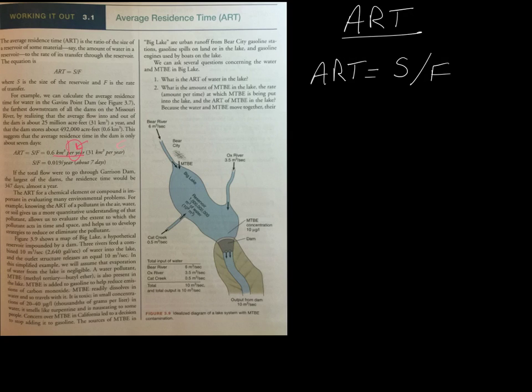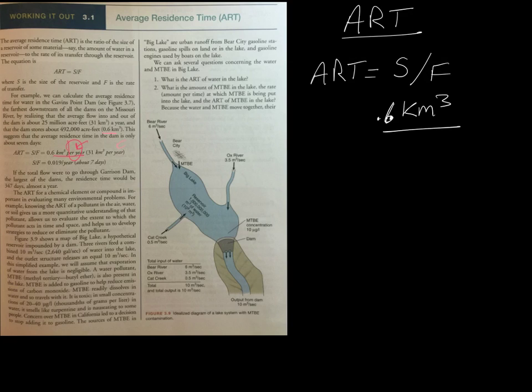So if we take a look at the size of that reservoir, it's here. It's 0.6 kilometers cubed, which is an amazing number to me. So about a half a kilometer in all three directions is how much water is inside this reservoir.